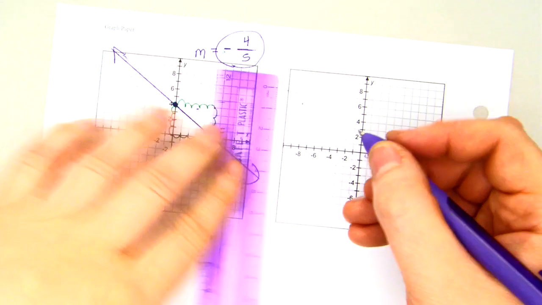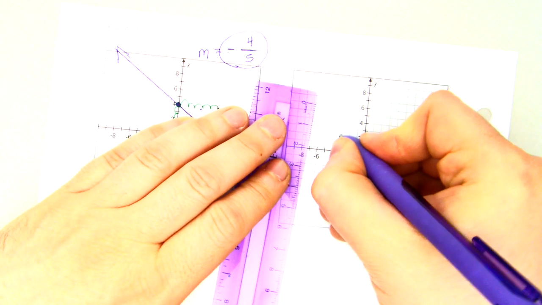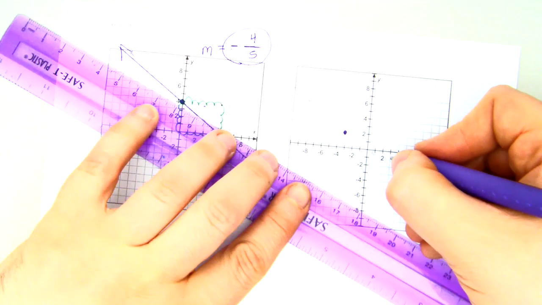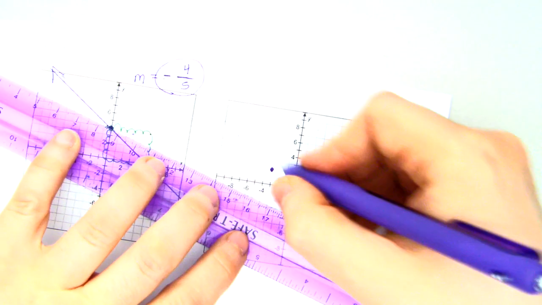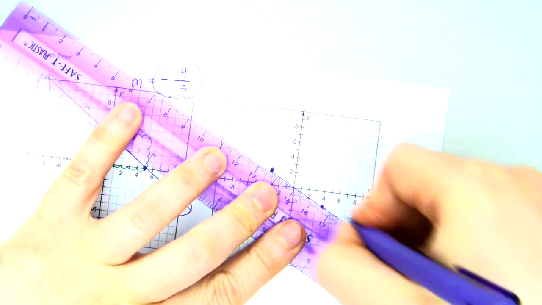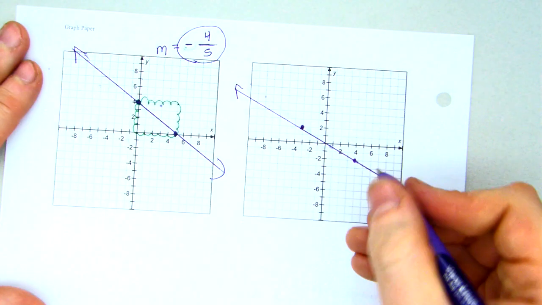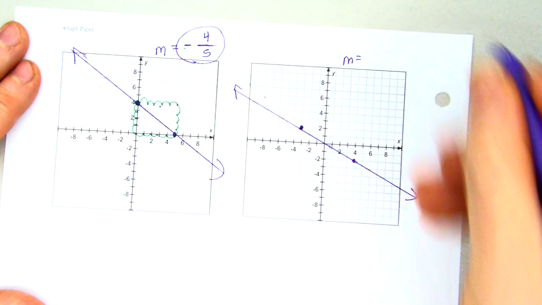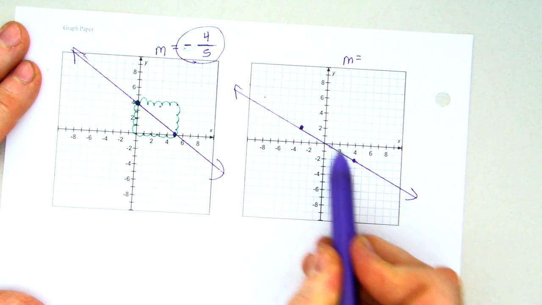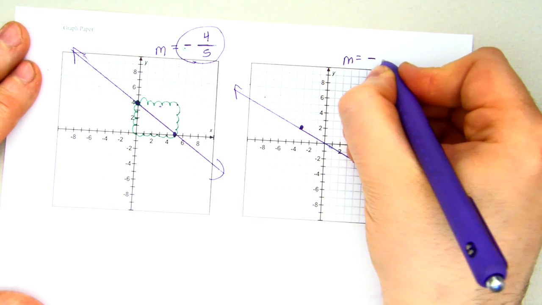Let me show you another. If we have a line that looks like this, I know, since as I go from left to right this line is going down, I'm going to make my slope negative.